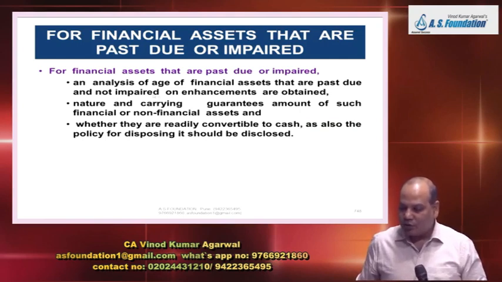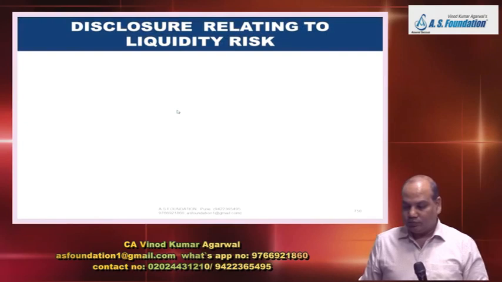An analysis of age of financial assets, aging analysis, that are past due and not impaired. In case you have collateral or credit enhancement obtained, the nature and carrying amount of such financial or non-financial assets, and whether they are readily convertible into cash, as also the policy for disposing it, should be disclosed. So this is about financial assets which are past due or impaired.